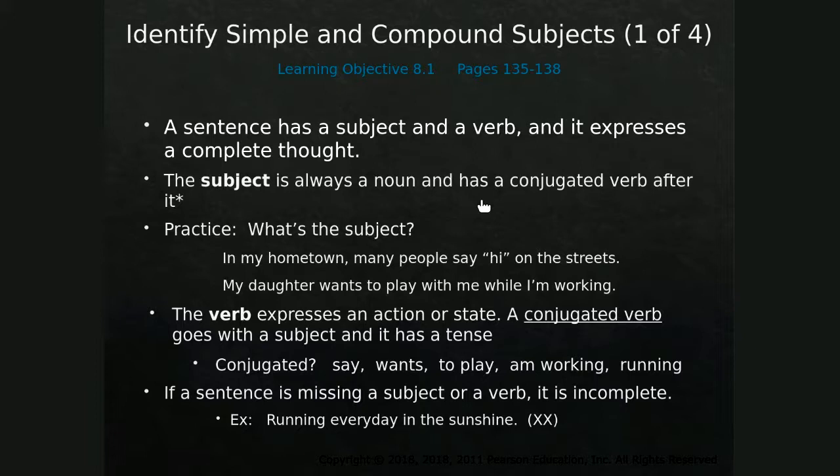A noun is a person, place, thing, or idea. Okay, good. You can turn your microphone back off. Good, thank you. A noun is a person, place, thing, or idea. So we will look at a couple of examples of some confusing nouns in a minute, but you guys are right. Most people think of nouns as like a person or a place, okay?